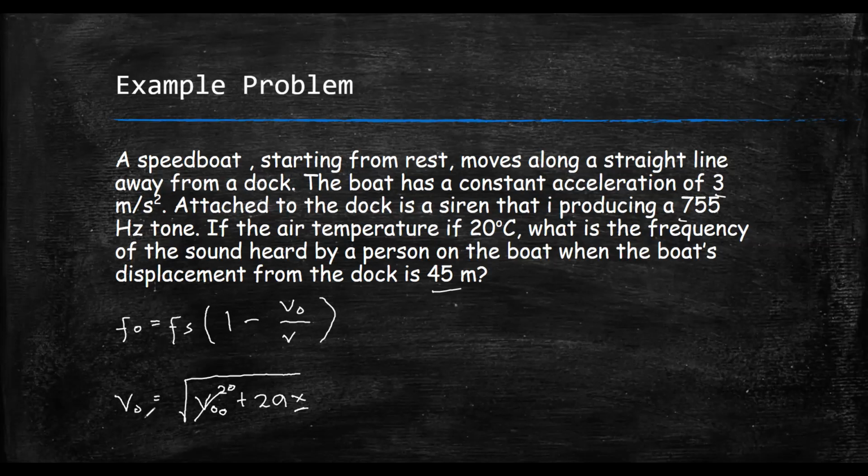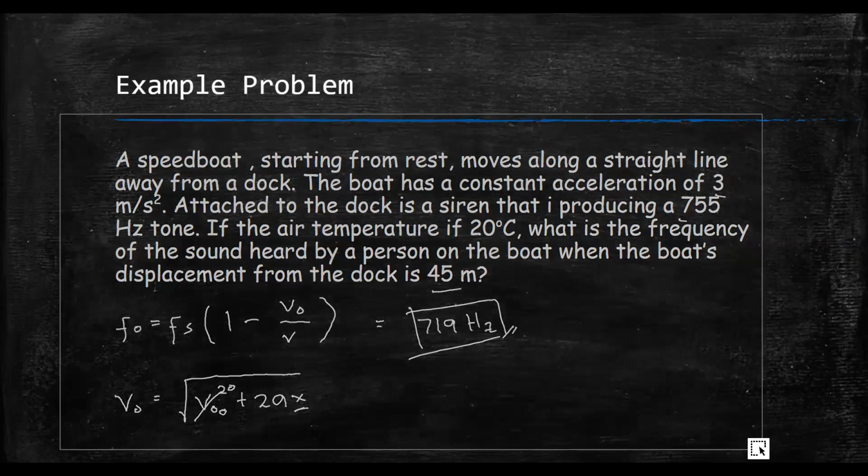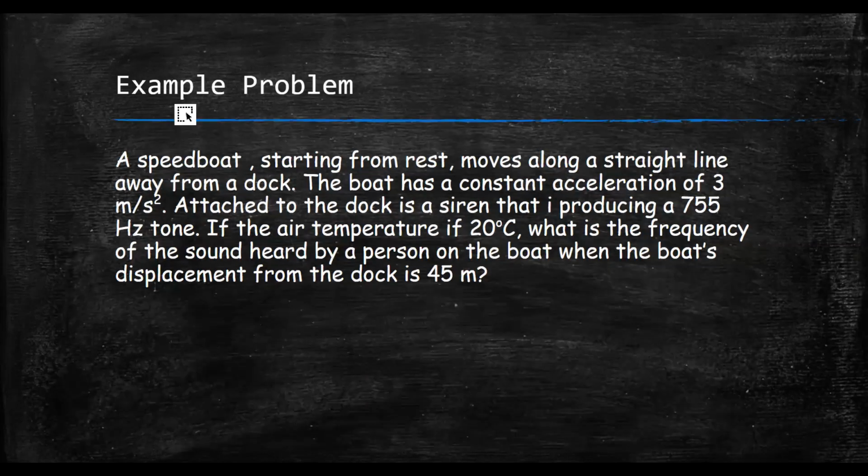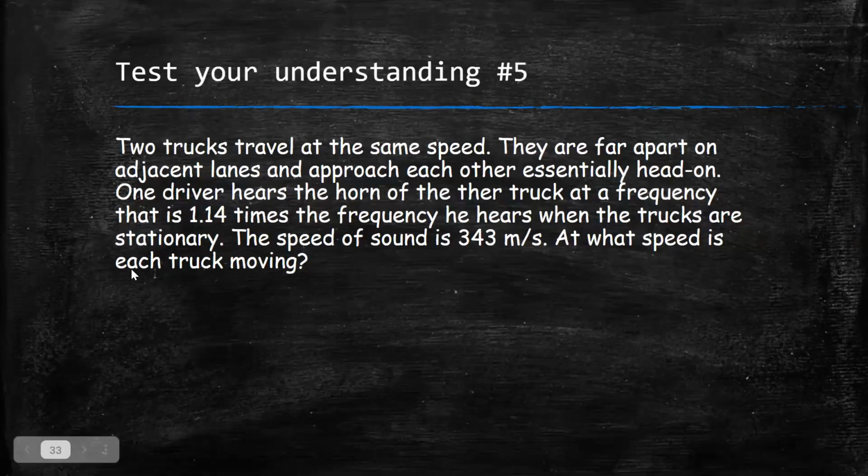And by getting the value of Vo, we can apply it in our formula in solving the frequency heard by the observer. Therefore, our final answer is equal to 719 Hertz. Now, for your test your understanding, solve this problem.